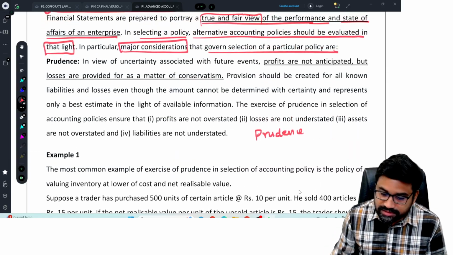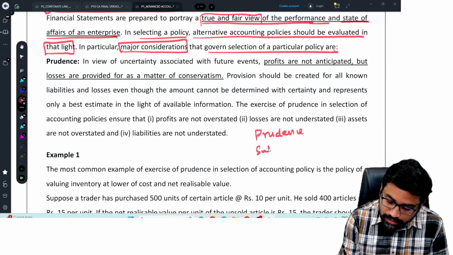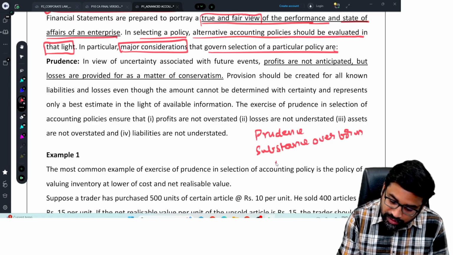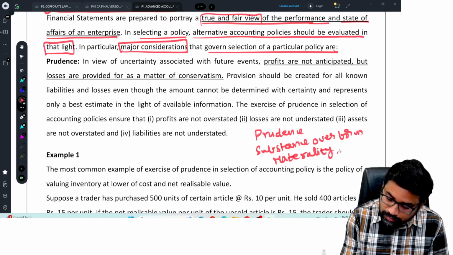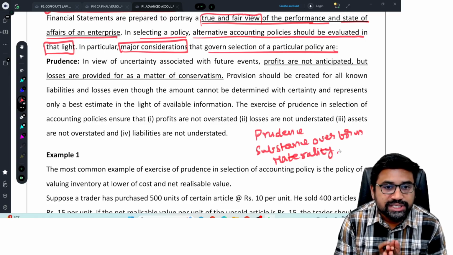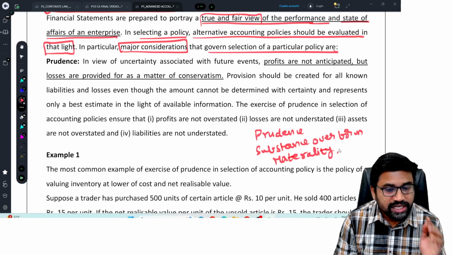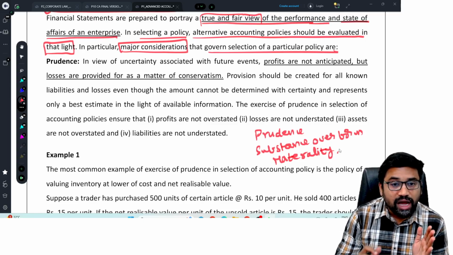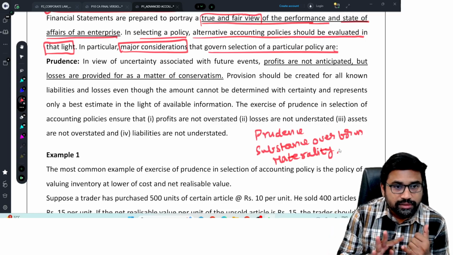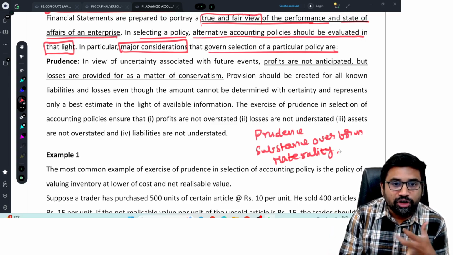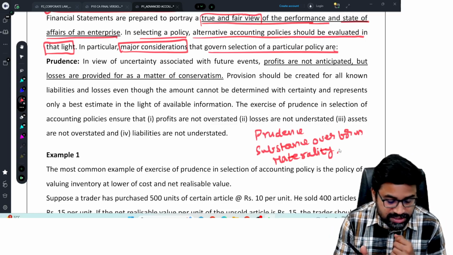So, three things: prudence, substance over form, and then materiality. These are the major considerations in selecting an accounting policy. The first criteria, true and fair view, is always there. And other considerations: prudence, substance over form, materiality. Now let us discuss one by one.